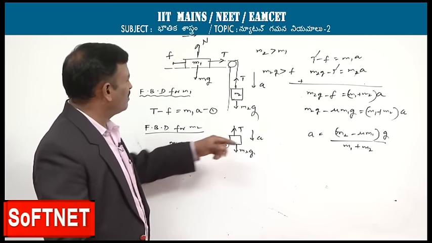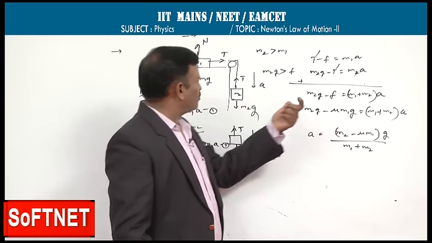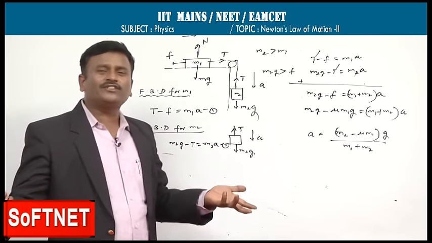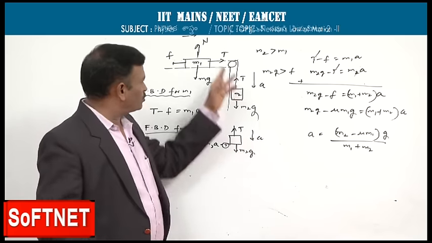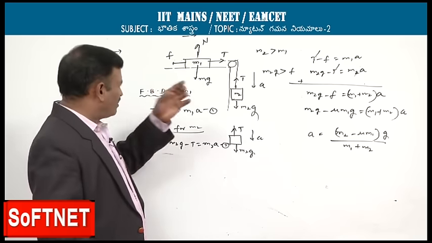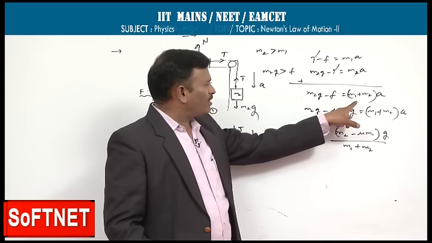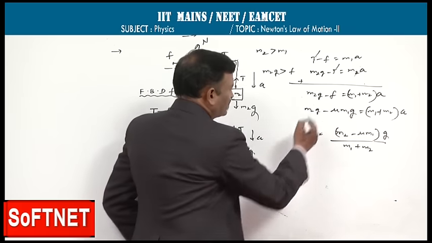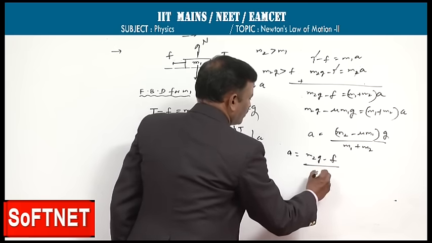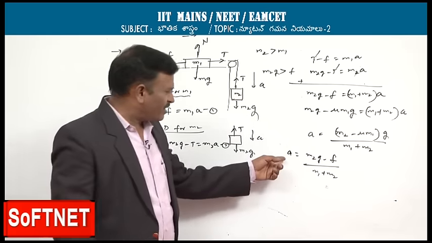Here also let us see what we are writing over here, m2g minus f. m2g is acting down, f is acting in this direction, net unbalanced force is how much, downward force minus upward force, motion opposing force. Then we can write here straight away a is equal to m2g minus f by m1 plus m2. It is a very simple method for solving the equation.